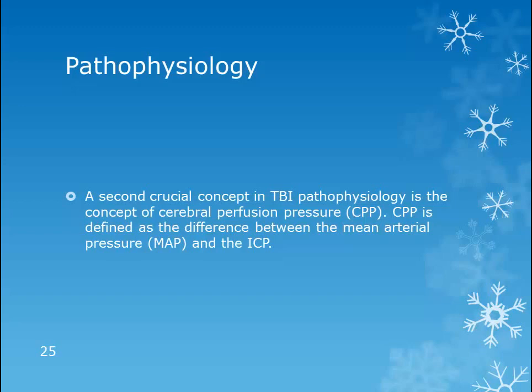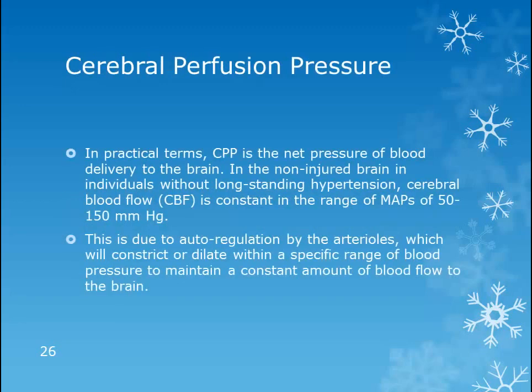Pathophysiology continued. Our second crucial concept in traumatic brain injury pathophysiology is cerebral perfusion pressure. Cerebral perfusion pressure is defined as the difference between the mean arterial pressure and the intracranial pressure. In practical terms, cerebral perfusion pressure is the net pressure of blood delivery to the brain.